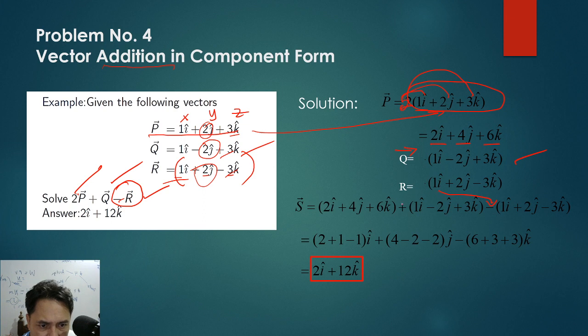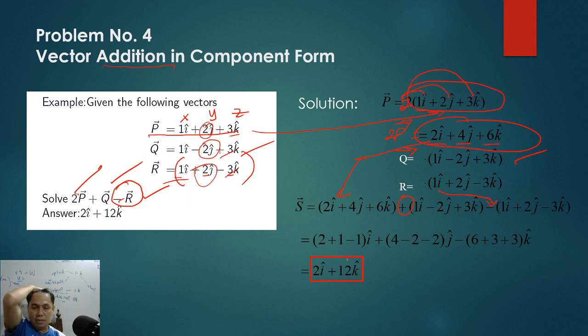Negative, and then this positive, there's no problem, and the other is twice the P. So 2P bar is this. Here you copy this, you put here 2i plus 4j plus 6k. Now, what do you have to do with this?